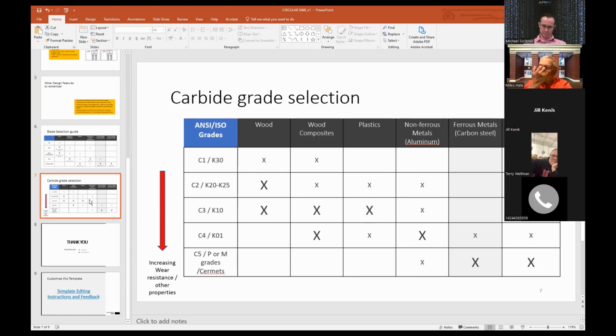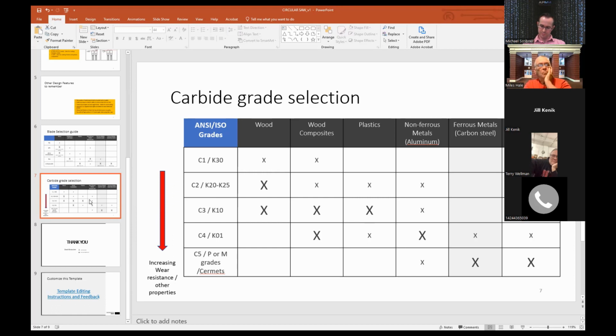And then above that, C4, that's really your industrial grades of carbide that you're going to get. So your high-end woodworking saw blades generally carry those grades of carbide on them. If you've got a lot of work that you need to do on a regular basis, I think the little extra money going up to a full C4 type saw blade is really your best bet.